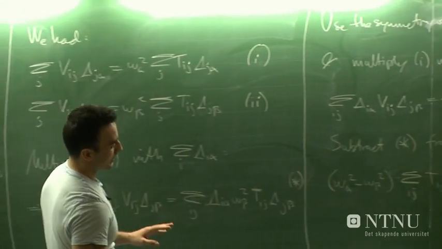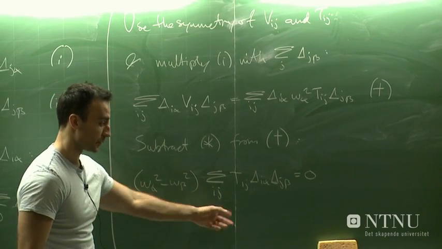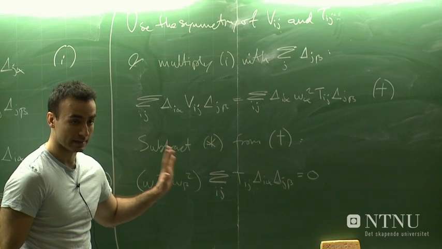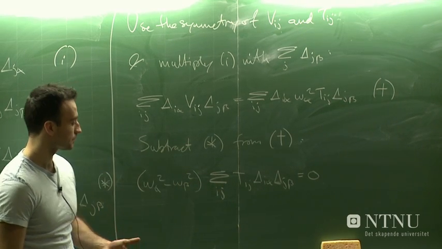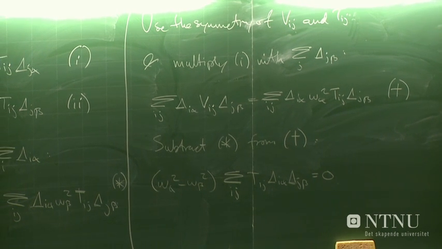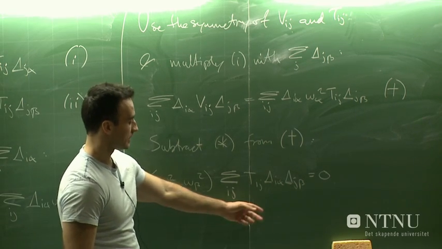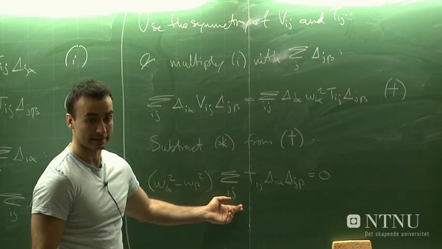So I've managed to find the following expression. This coefficient multiplied with precisely the quantity we would like to simplify is equal to 0. So there is one possible solution to this equation, and that is that this quantity is 0.